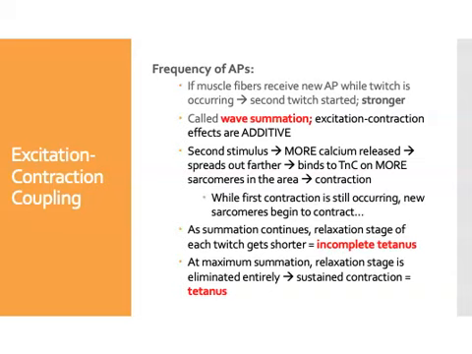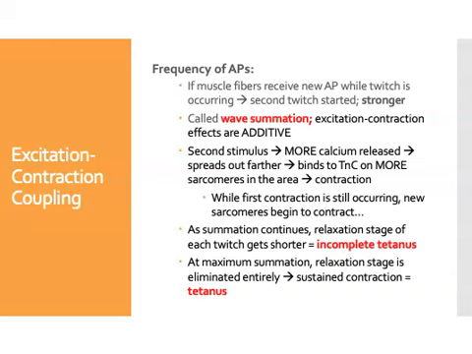If a group of muscle fibers receives a new action potential while they're in the middle of a twitch, what happens? The second twitch will go ahead and start, but it is going to be additive to the first twitch, and you get a phenomenon called wave summation.